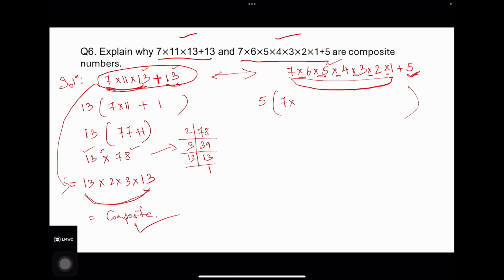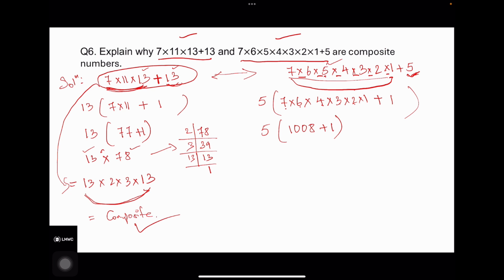So 7 times 6 times, 5 I've taken out, so 4 times 3 times 2 times 1, plus 5 times 1 is 5. Next, 5 times the product of 7, 6, 4, 3, 2, 1, which I'm going to get as 1008. Then you just have to represent this plus 1.